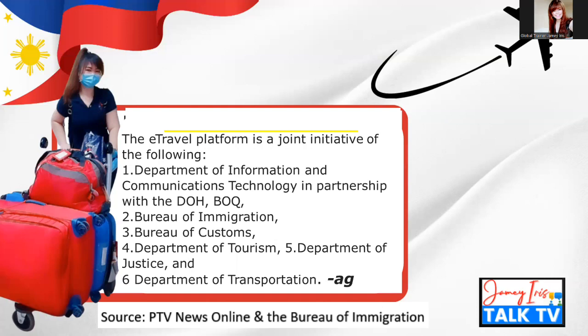So it means you will not be completing any more separate online registration form for these departments, but they will simply capture everything from the e-travel platform, and you only need to complete this information or this form once.